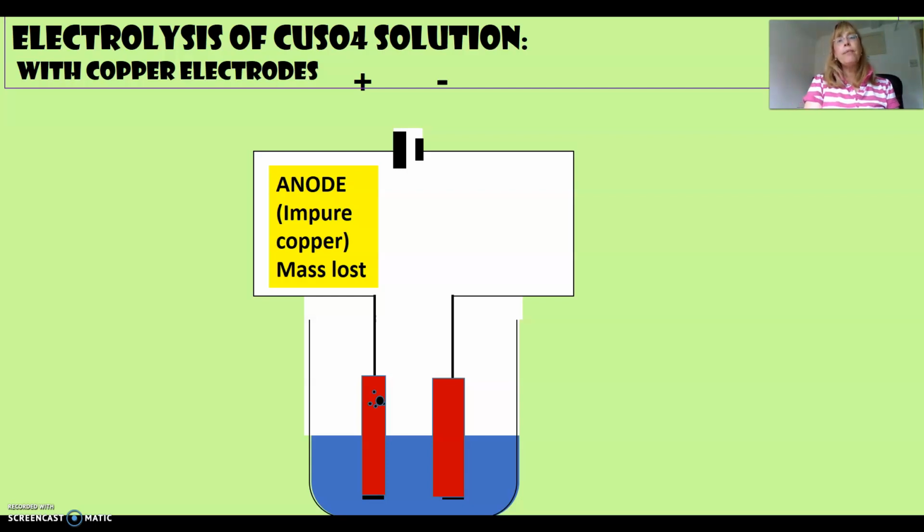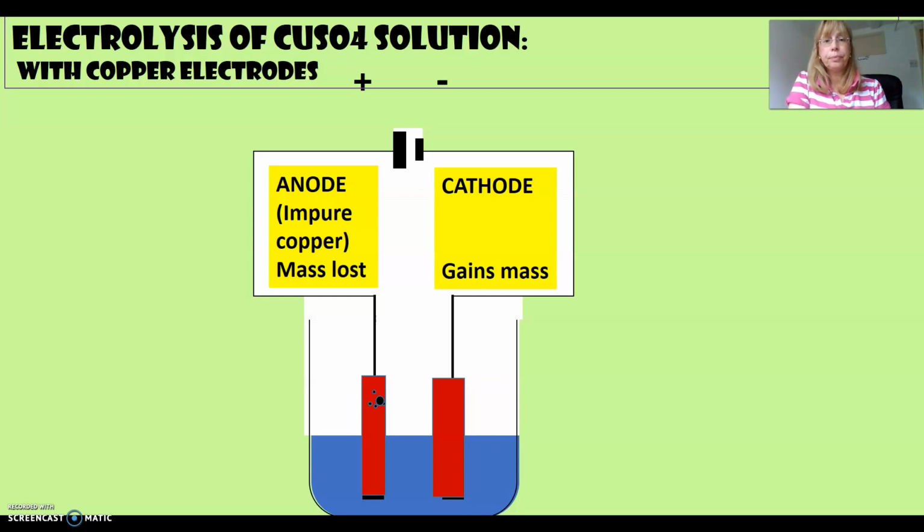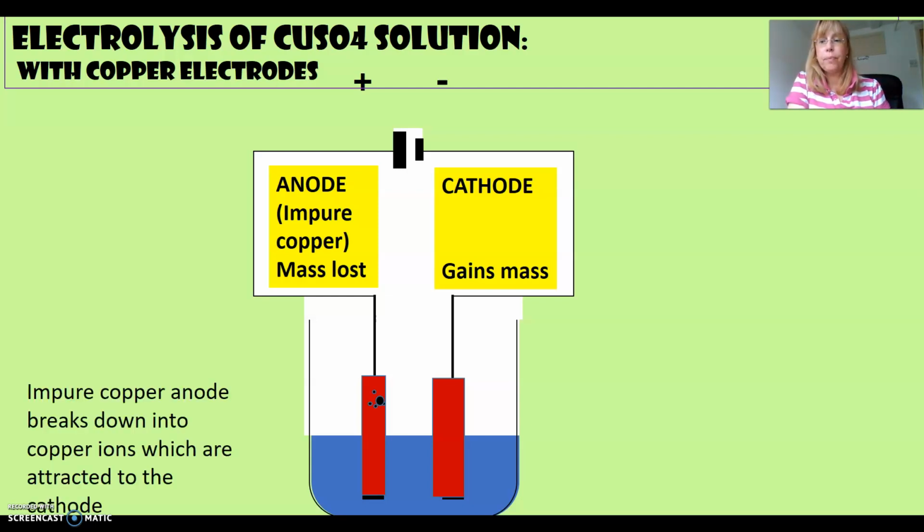Now, if I'm trying to use recycled copper to form lovely new copper, I'm going to use this method. And what I do is I put the impure copper at the anode. And what I want to do is I want to take that lovely copper from that anode and transfer it to the cathode. So pure copper goes to the cathode.